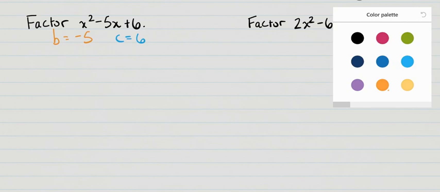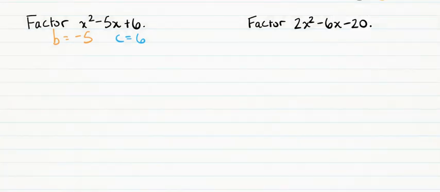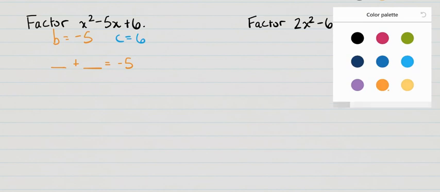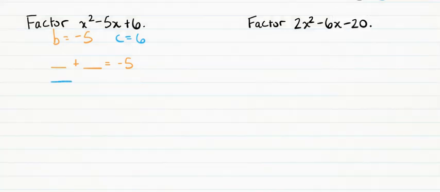Because it's a simple trinomial, we're looking for two numbers that will add to give b, and those same two numbers have to multiply to give c, which is 6.